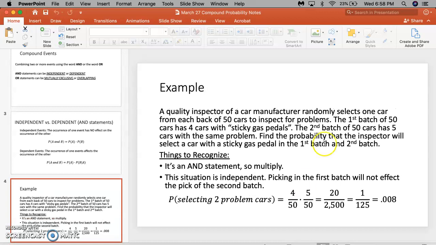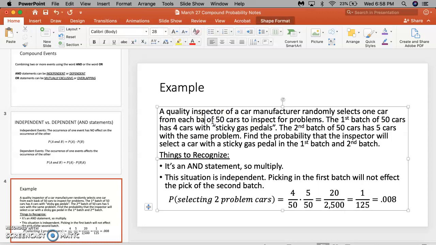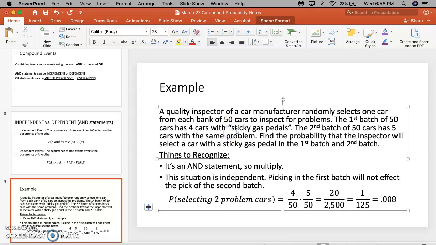A quality inspector of a car manufacturer randomly selects one car from each batch of 50 cars to inspect for problems. So an inspector has two different sets of cars.